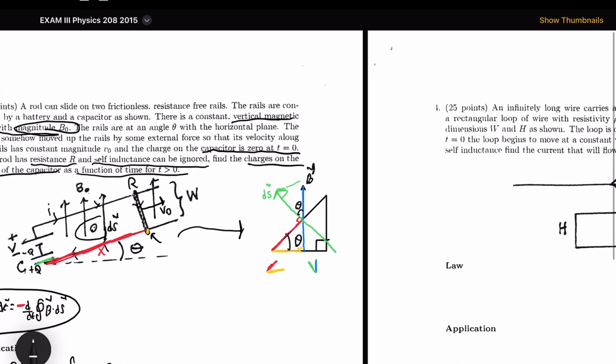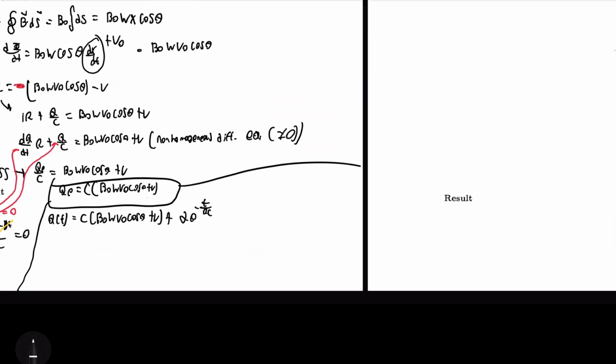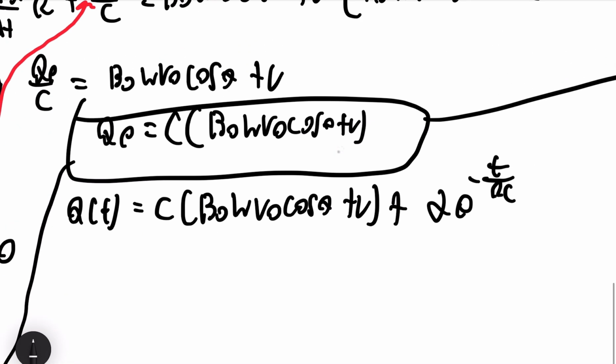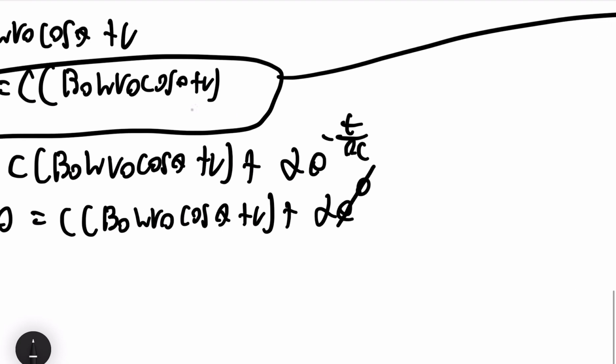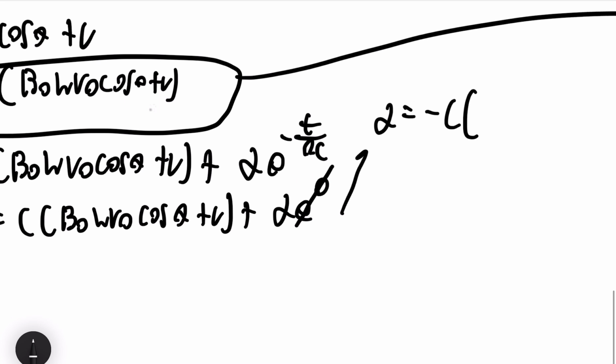And my initial condition told me that the capacitor has 0 charge at t equals 0. So basically at q equals 0, my function of capacitance should equal 0. This equals c b naught w v naught cosine theta plus v plus alpha e, and I plug in 0 for t, right? So e to the 0, so that's just 1. I solve for alpha, I get alpha is negative c beta naught w v naught cosine theta plus v.